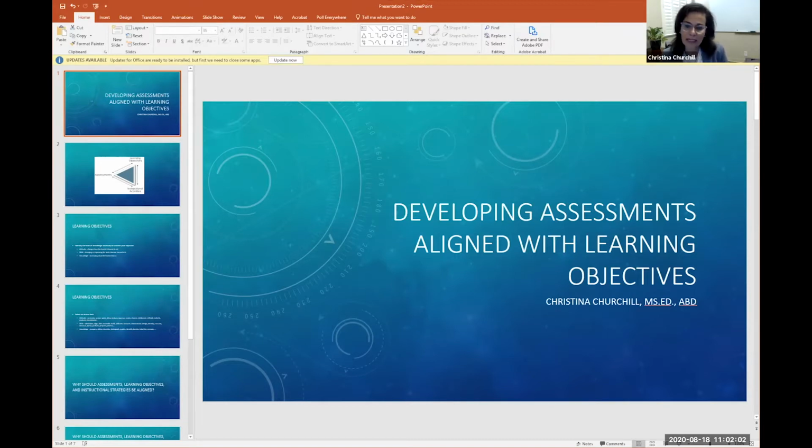So I guess the first question is why should our assessments and our learning objectives and our activities be aligned? What is the purpose? And we'll cover that.